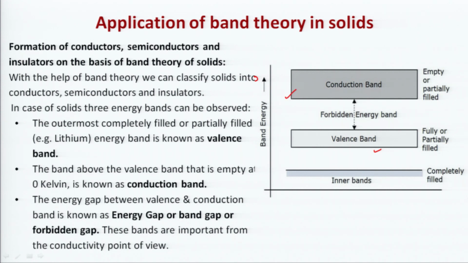Now, this is your conduction band, and the energy gap between the valence and the conduction band is known as, either you can call it energy gap, you can call it band gap, and you can also call it forbidden gap. So, these bands are important from the conductivity point of view. Why?